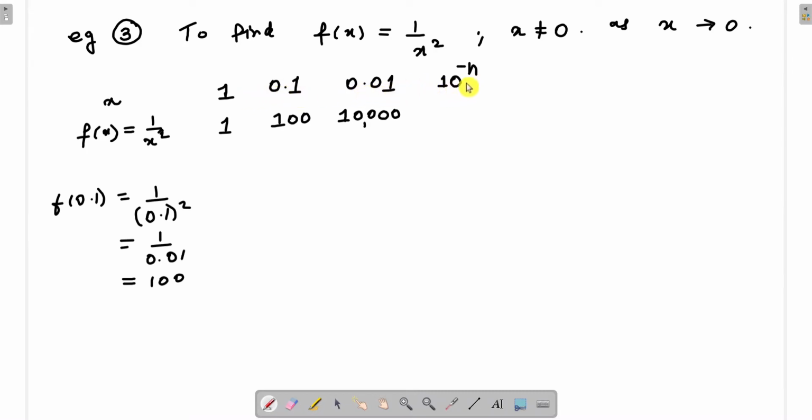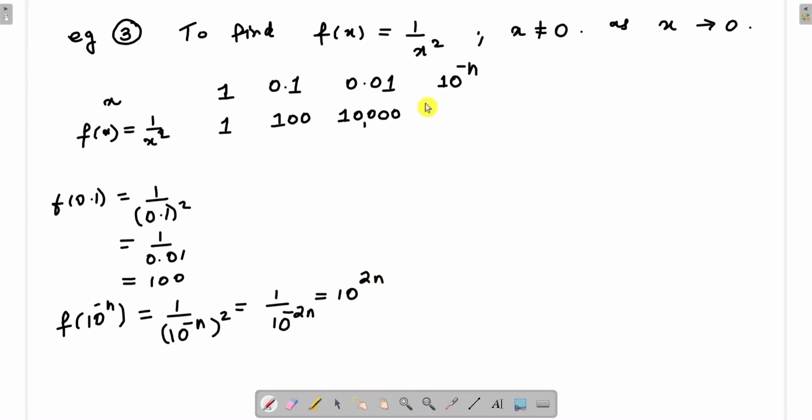If we keep on going and approaching 0 in this way, that is 10 raised to minus n, then f of 10 raised to minus n is equal to 1 by 10 raised to minus n the whole square. So that is 1 by 10 raised to minus 2n, which is nothing but 10 raised to 2n.